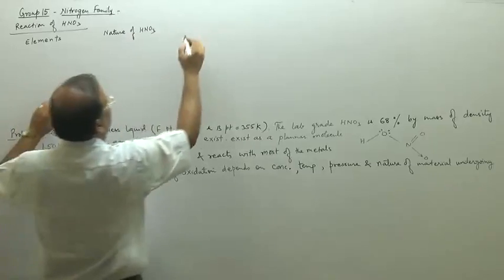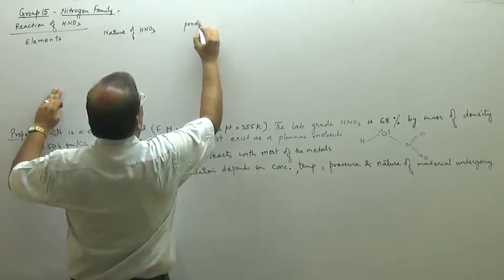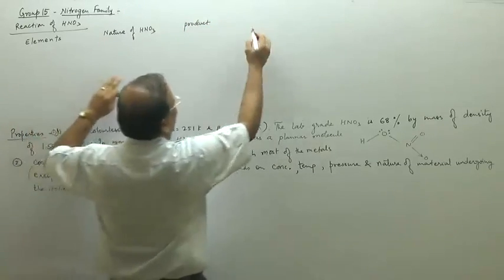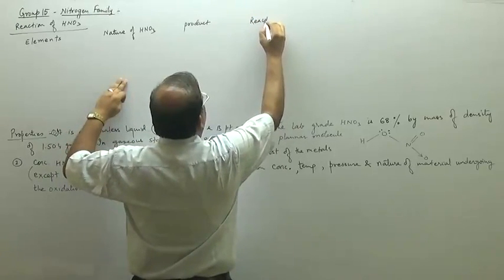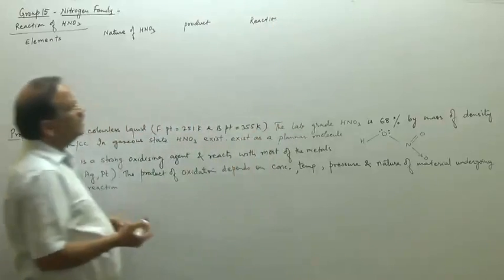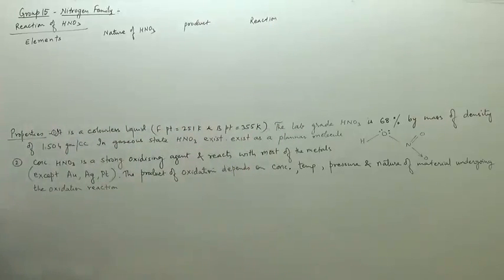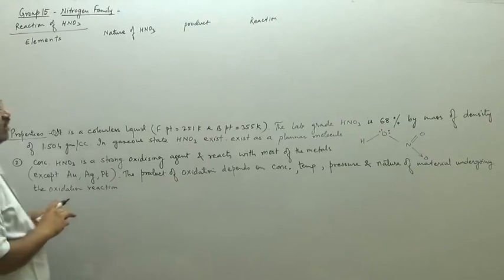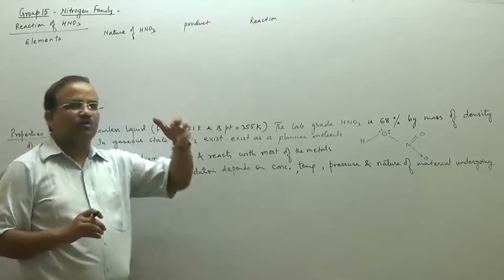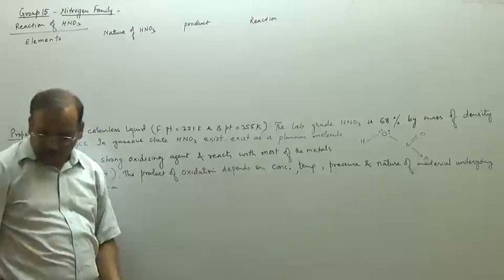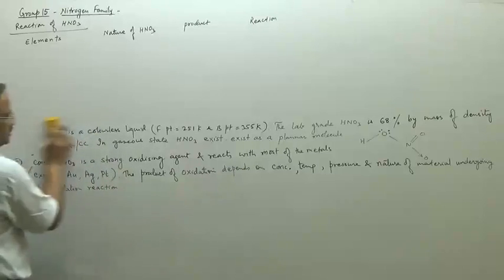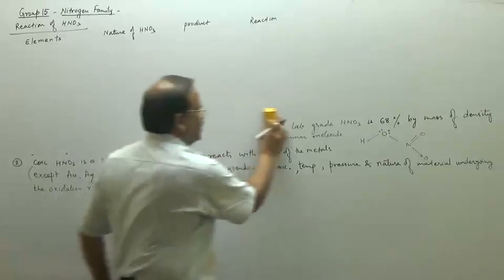Then I'll write the product which is formed, and the reactions also we can write. So according to this we can make one table, and for the metals we can correlate them according to the electrochemical series. We know the SRP values of metals.